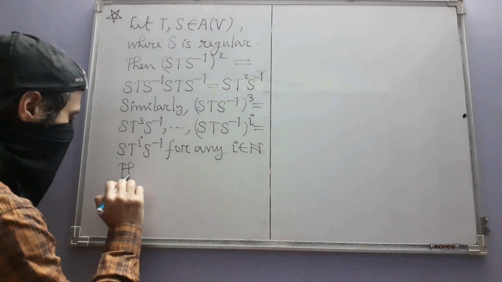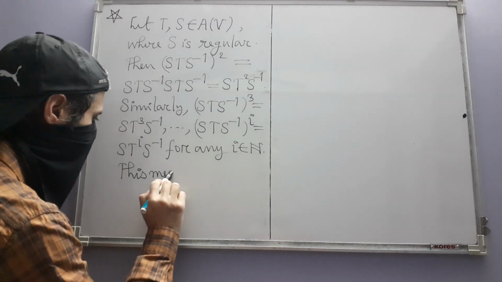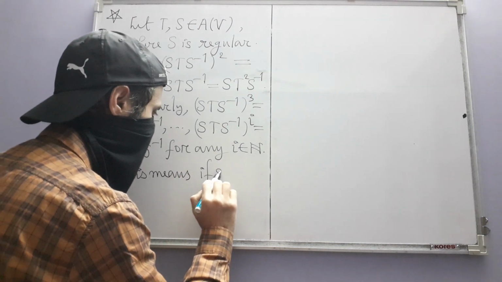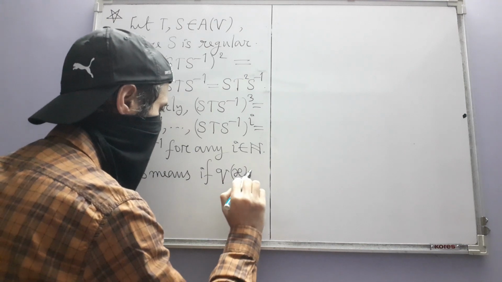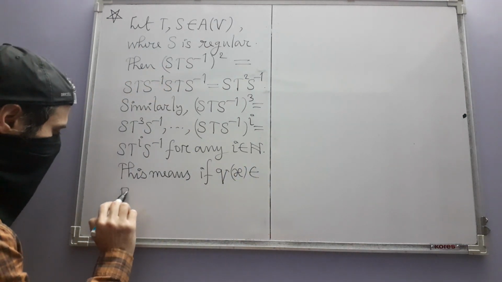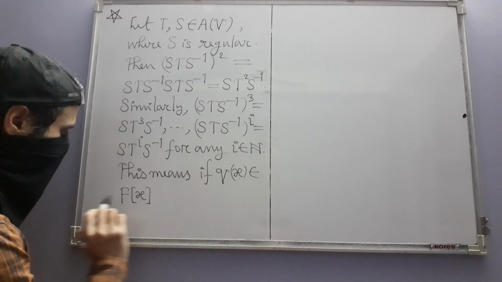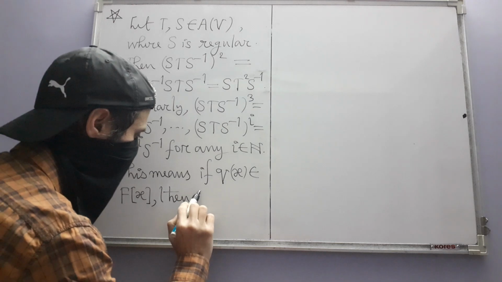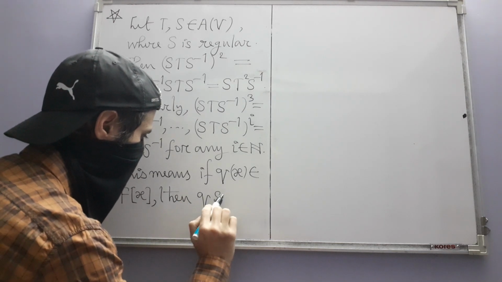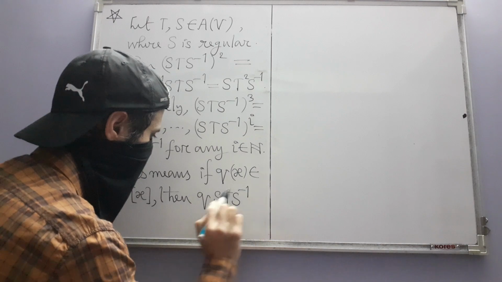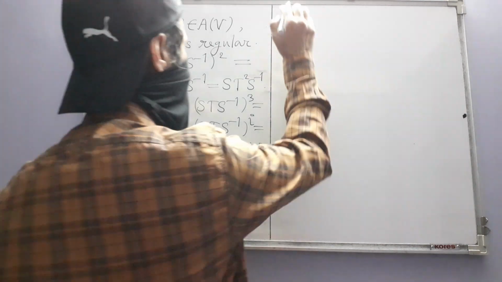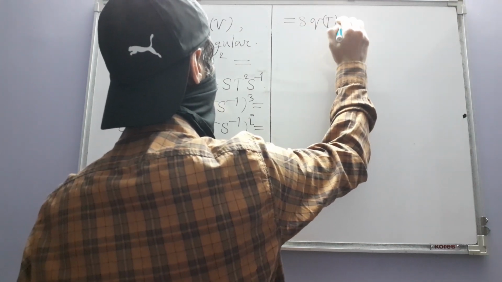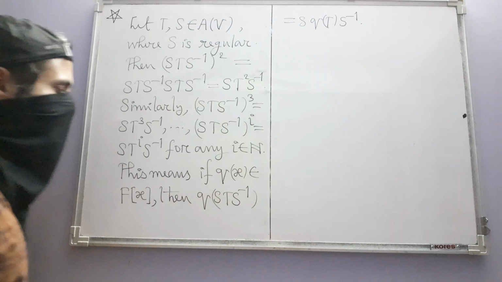This means if Q(x) is any polynomial over F, then Q of ST S inverse is equal to S Q of T S inverse.